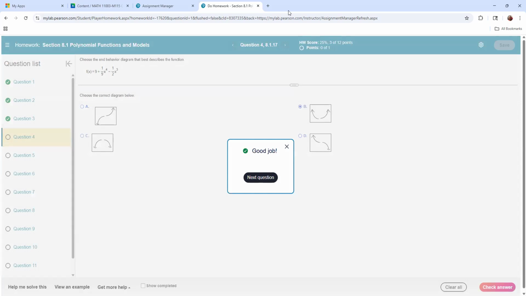So let me go back to my pad now. All righty, y'all. Now we're going to start getting into stuff about zeros, okay? Remember, zeros are solutions.